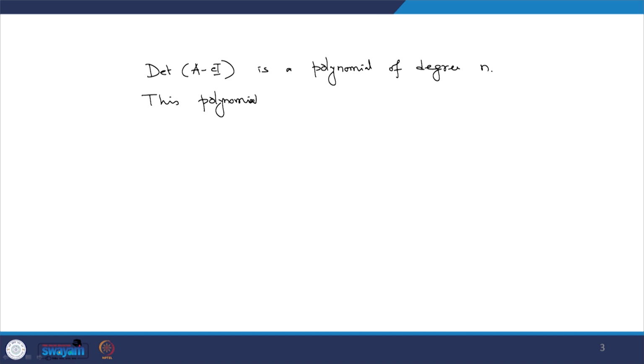Now, the determinant of A minus C I, if I consider that one, is a polynomial in C of degree n. This polynomial is reducible to linear factors over the complex plane.